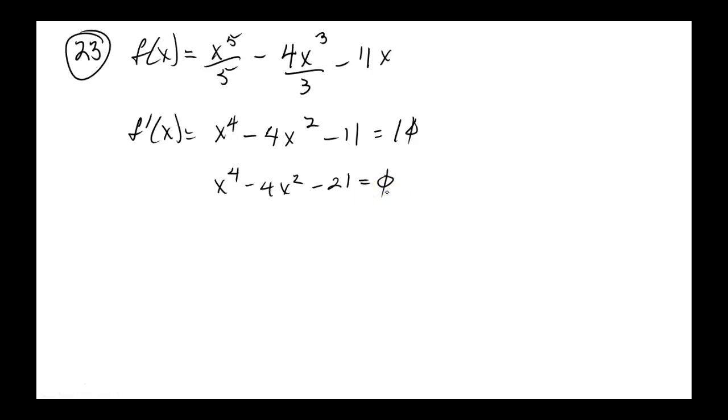That helps for factoring purposes. I believe it might. That would be x squared and x squared, times x squared. Okay, 3 and 7, negative 7 and positive 3. That looks right.